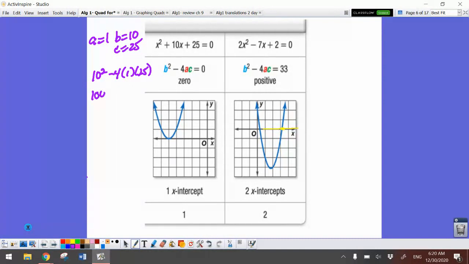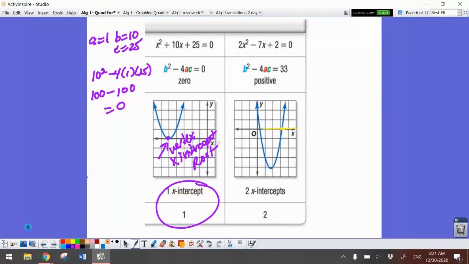Well, 10 squared is 100. 4 times 25 is 100. That gives me 0. So if the discriminant is 0, that means it's only going to touch once. That means its vertex is the same as its x-intercept, or its root. So it's only going to touch once.